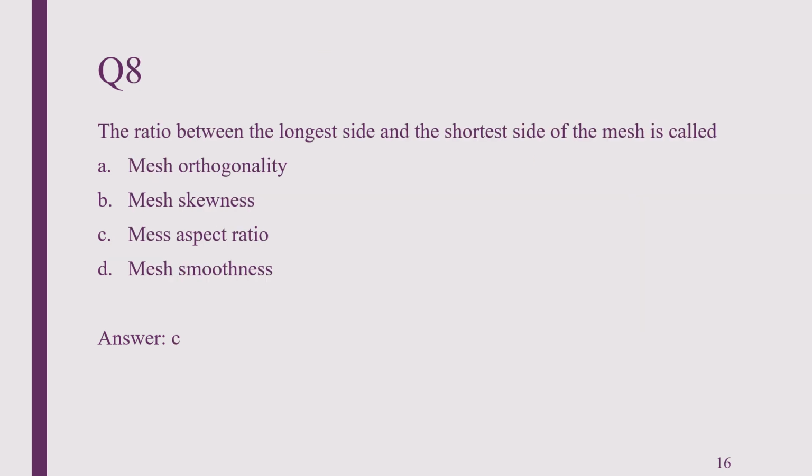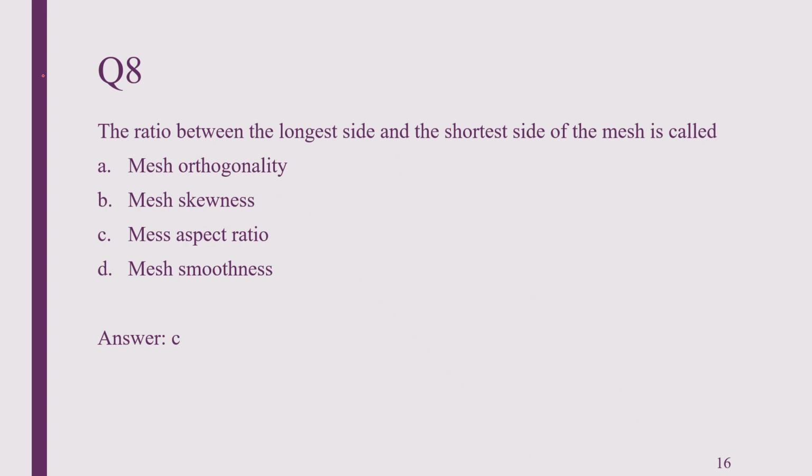In question 8, it is asked that the ratio between the longest side and the shortest side of the mesh is called, option A, mesh orthogonality, option B, mesh skewness, option C, mesh aspect ratio, option D, mesh smoothness. So what is asked in the question?